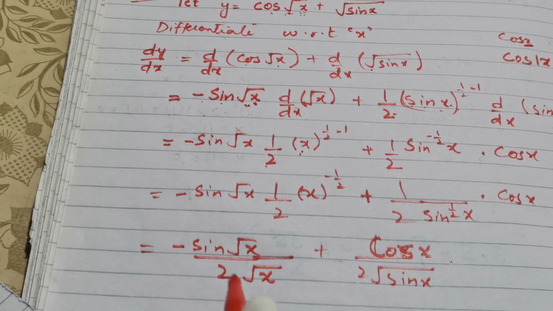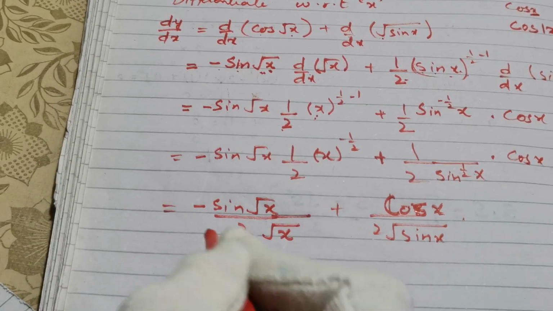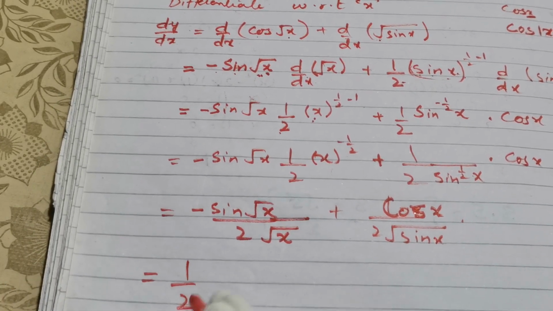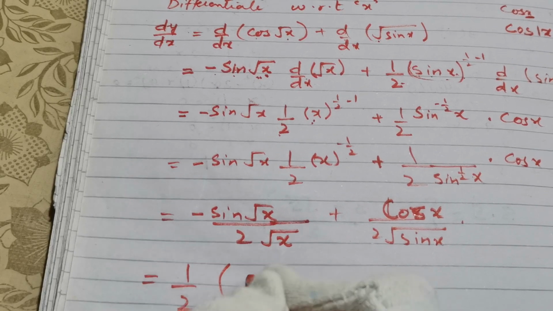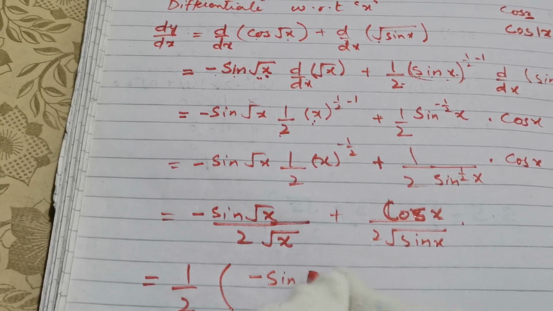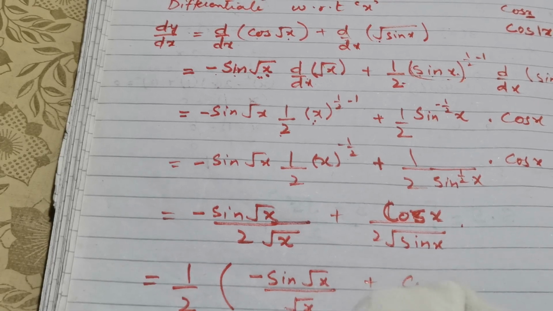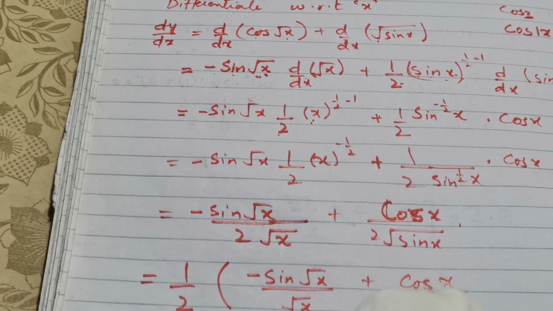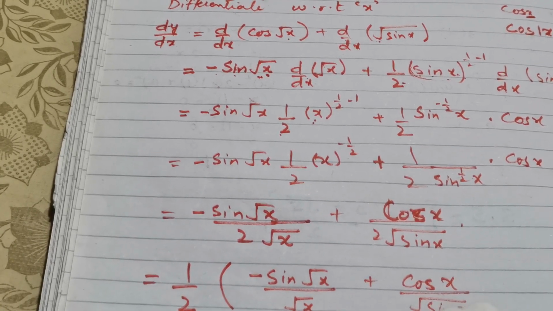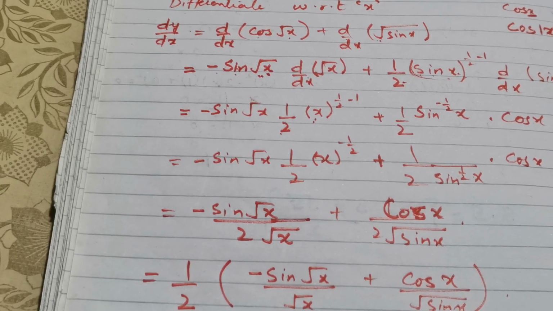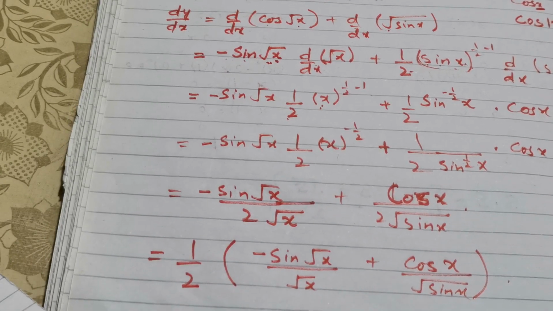So 1 by 2 is common from both terms, so we'll take common 1 by 2. What is left? Minus sine under root x divided by under root x plus cos x divided by under root sine x, which is our required solution.